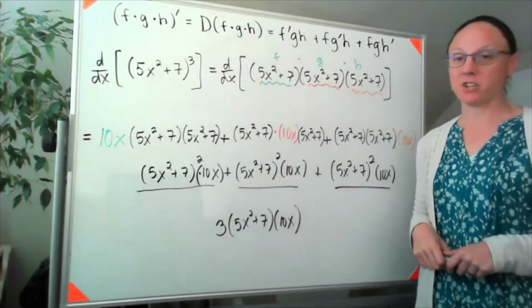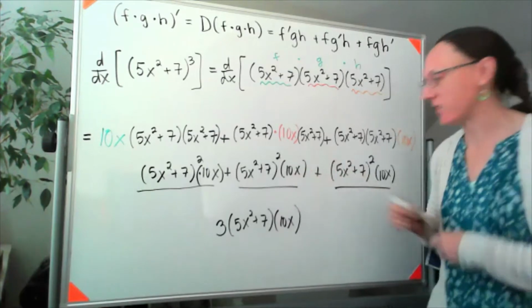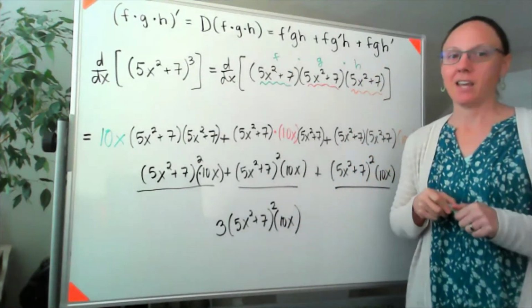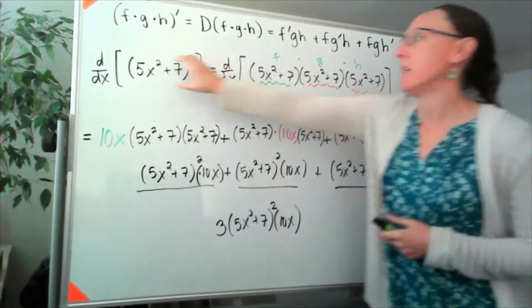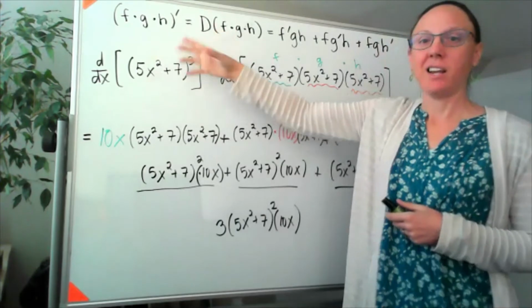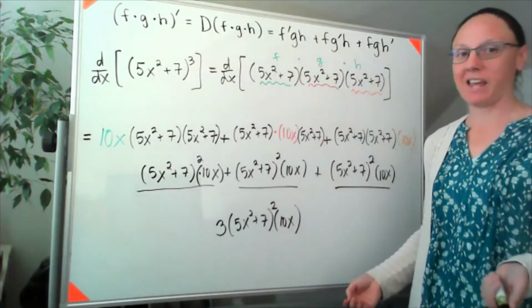So clever mathematicians said, hey, we should give that a name, because that's a pretty nifty shortcut. If I start out with something raised to a power, this repeated product rule is always going to lead us to the same place.